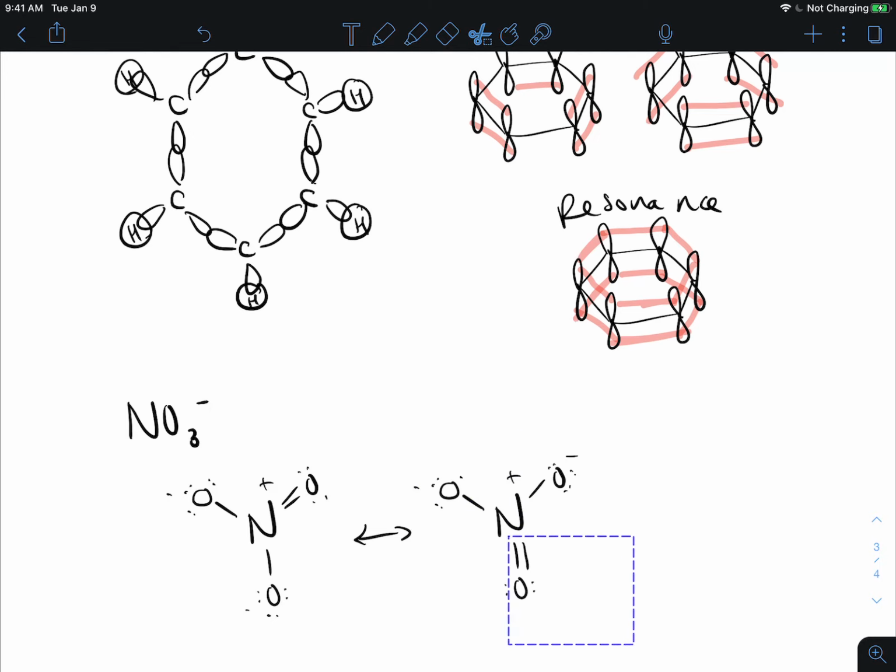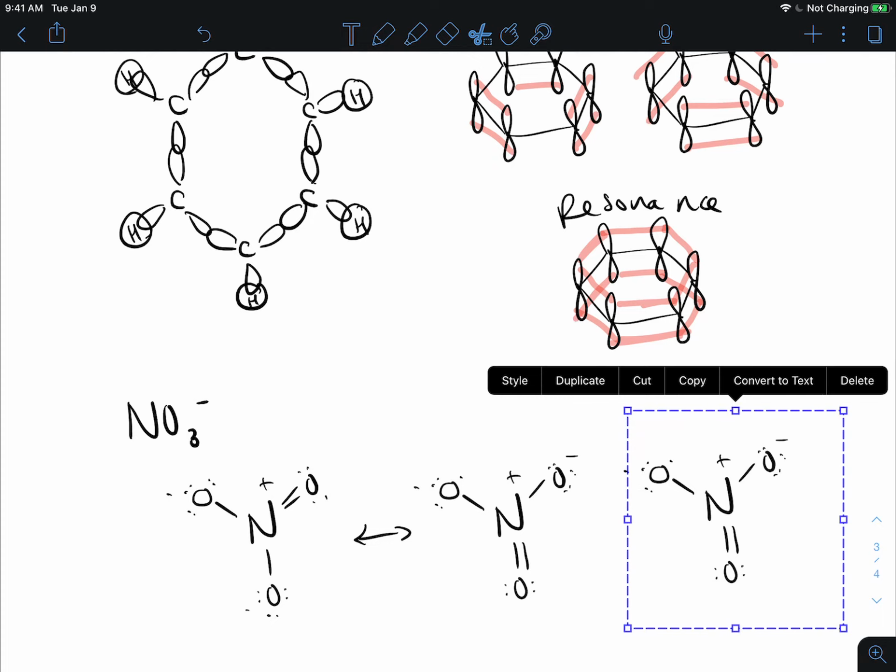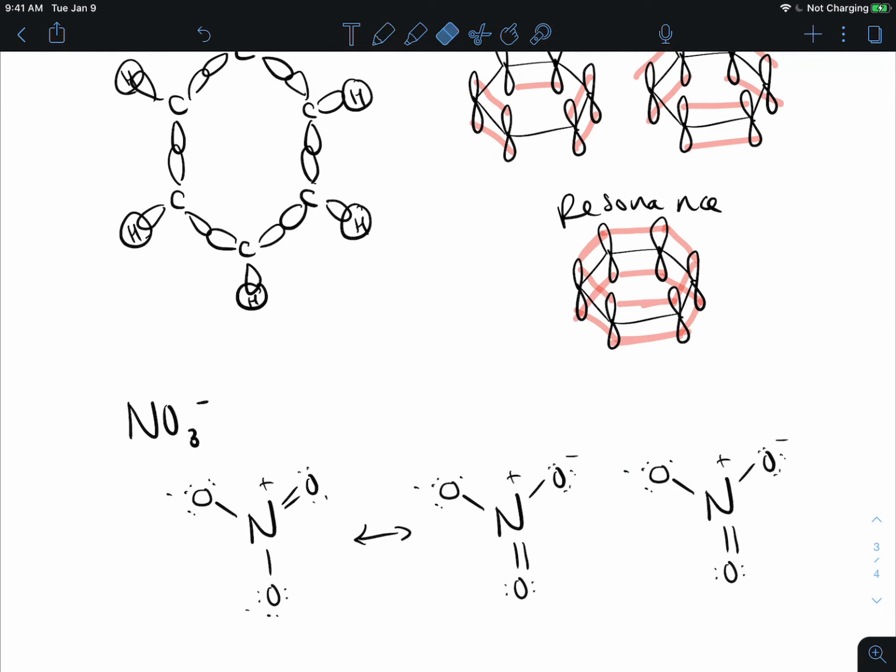And there we go. Our three resonance structures for NO3 minus.